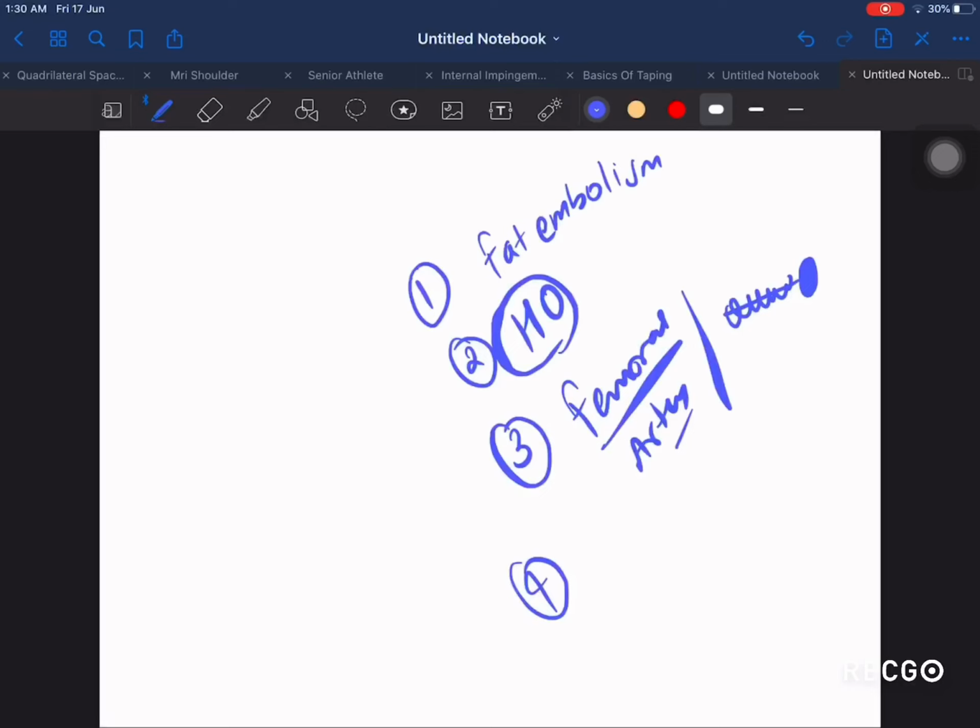But the one most important thing the resident usually forgets is the rotation of this fragment. Malrotation is a very significant complication that arises because of the nighttime surgeries.